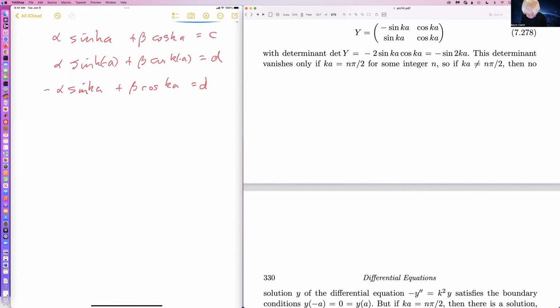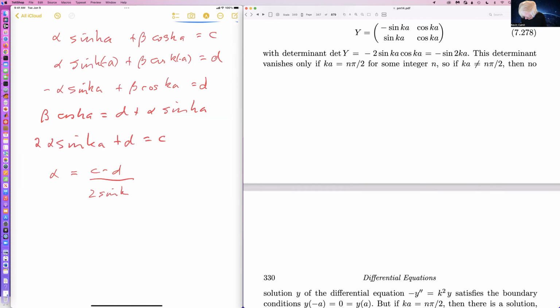So what you do, of course, is you say beta cosine Ka is D plus alpha sine Ka. Then you substitute that into the first equation, and that gives you 2 alpha sine Ka plus D is equal to C. And so your solution is alpha is C minus D over 2 sine Ka.